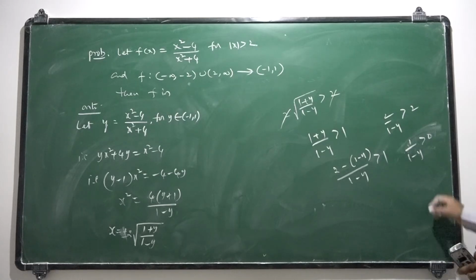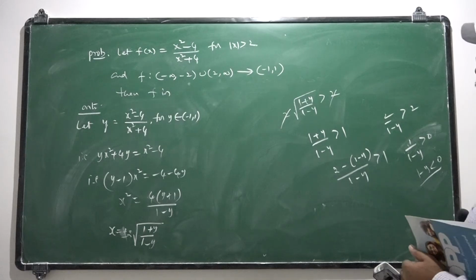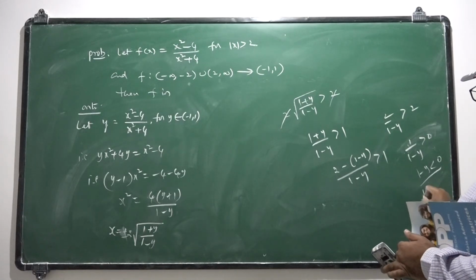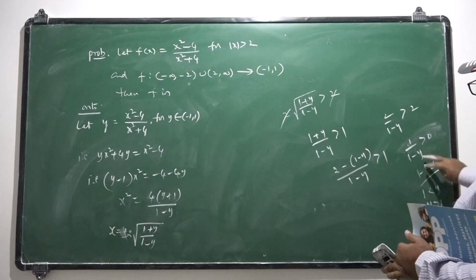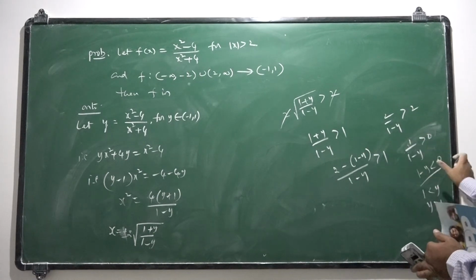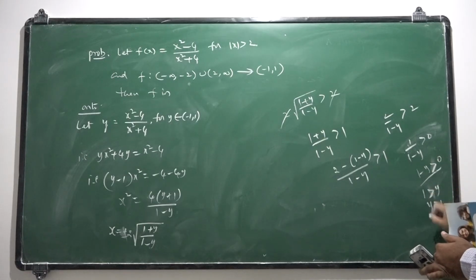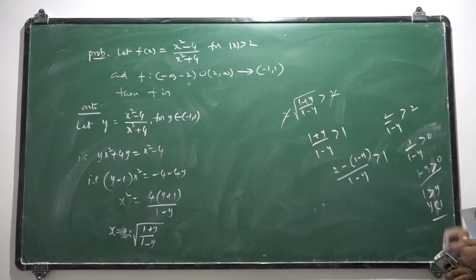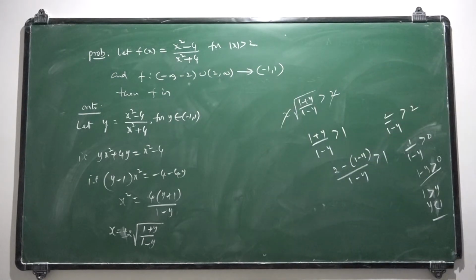Hence 1 minus y is negative. So y is greater than 1. So this is positive, means this one is positive. Hence this is less than; y less than 1 follows.